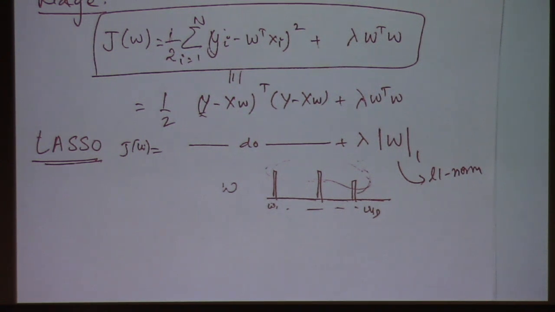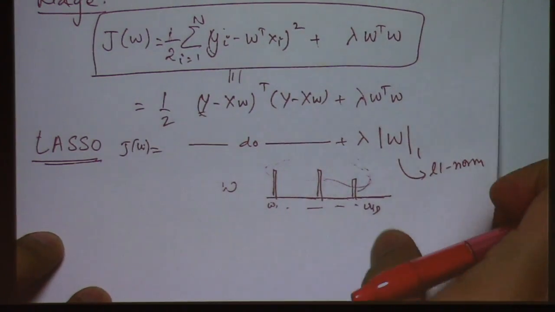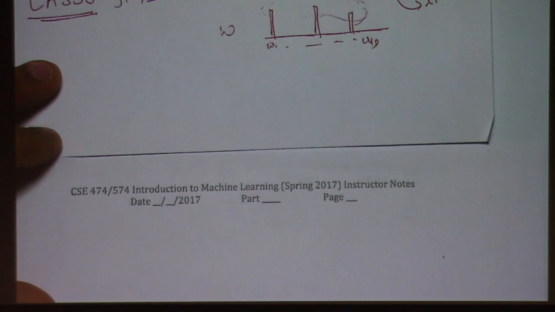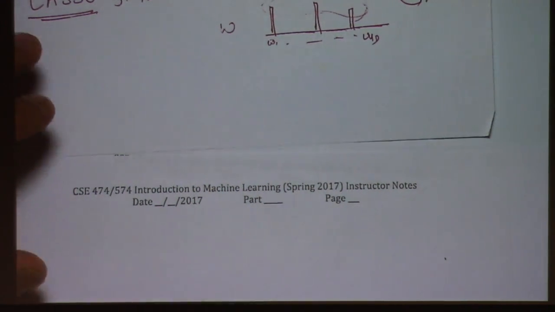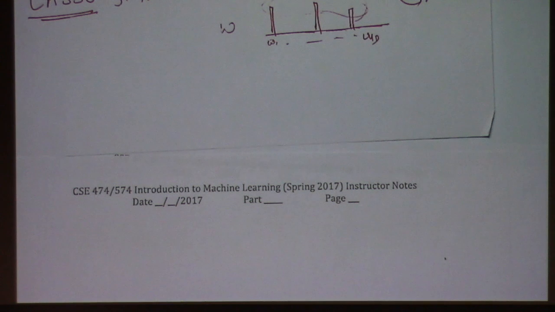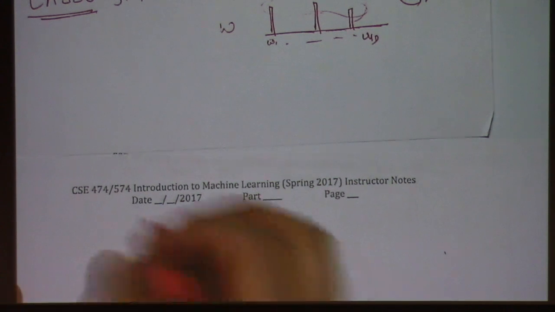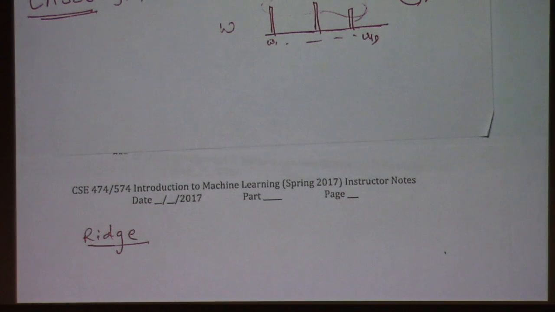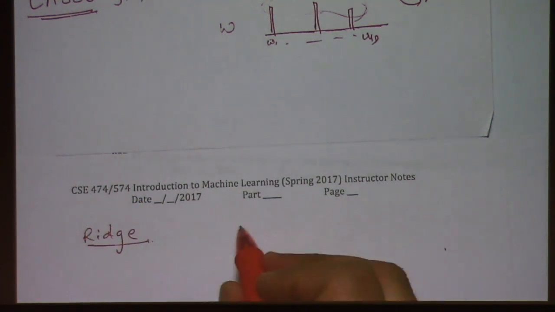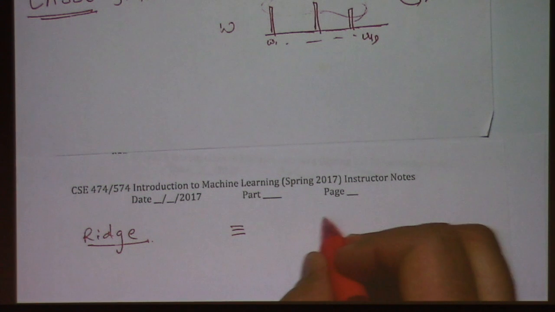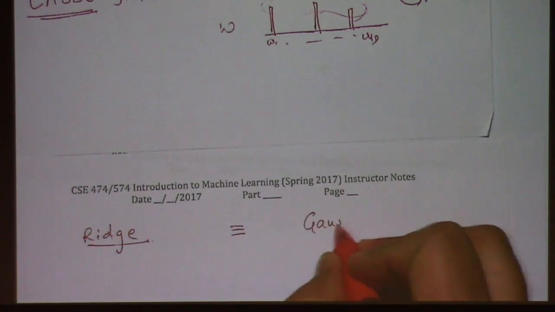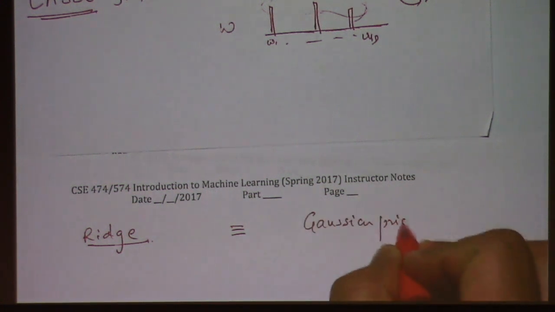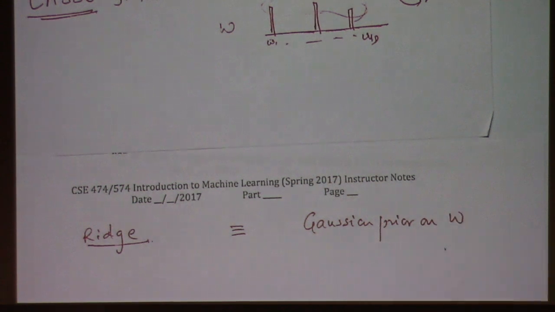One more thing you should look at is the relationship between regularization and the prior. If you remember, ridge is a regularization that we put on our loss function, which is equivalent to putting a Gaussian prior on W, which is our Bayesian regression.